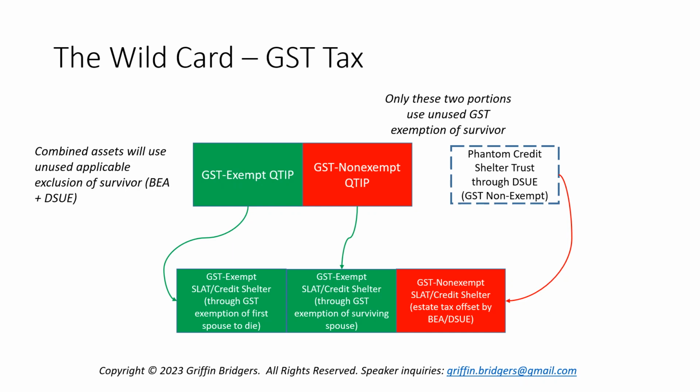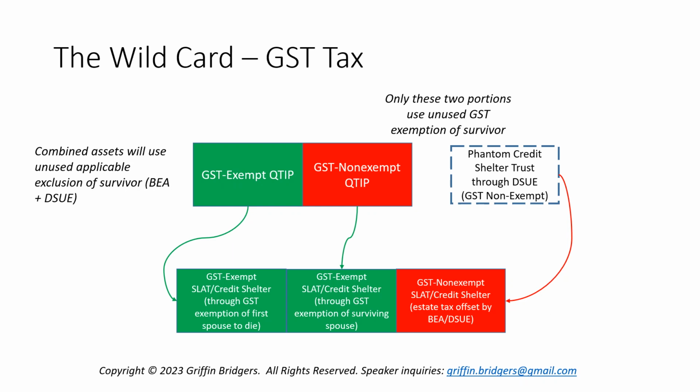However, at death, this GST exempt QTIP could continue on as a GST exempt SLAT or credit shelter trust for the surviving spouse, or I should say second spouse of the surviving spouse. But we have the ability for the surviving spouse to apply their own GST exemption to the red box, the GST non-exempt QTIP, which then funds itself into another segment of that GST exempt SLAT or credit shelter trust.